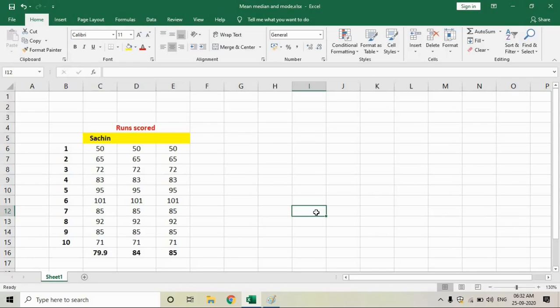I would like to say that the value of median is the most trusted average, because that divides the series in two equal parts, and mode is the most frequently occurred item, because 85 has occurred twice over here. That's why 85 got selected as a mode. In a normally distributed series, mean, median and mode would be equal.